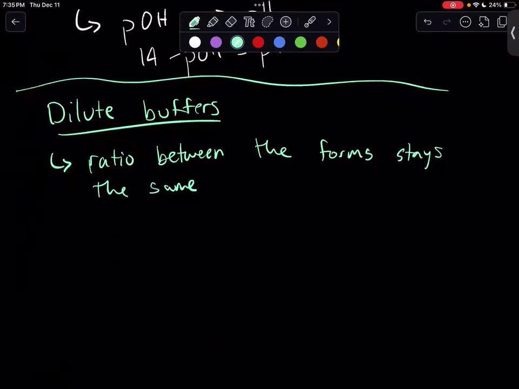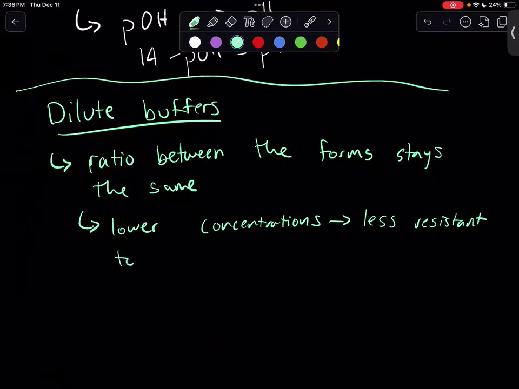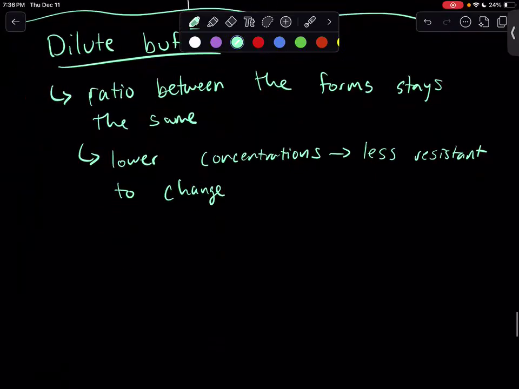That's the good news. The bad news is with lower concentrations, it is going to be less resistant to change. So your buffer won't be as resilient. Your buffer will be depleted and the response is reduced.